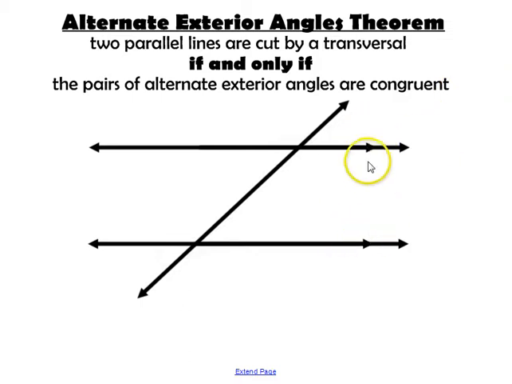So again, we have the parallel lines, so we know that the alternate exterior angles, the ones opposite sides of the transversal outside of the two lines, are going to be congruent to each other. And our other pair of alternate exterior angles will also be congruent. So again, think about the theorem versus the converse and what you're given and what you're trying to conclude.